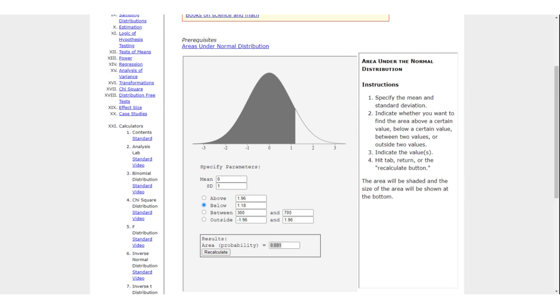So this would be 0.119. So the percentage over here on this other side is 11.9%, because remember, everything underneath that curve adds up to 1. That mirrors probability. So that's how we find what's to the right of something, by subtracting the amount to the left from 1.